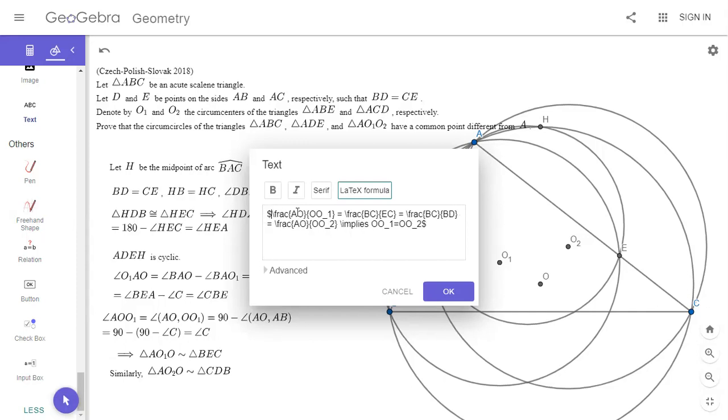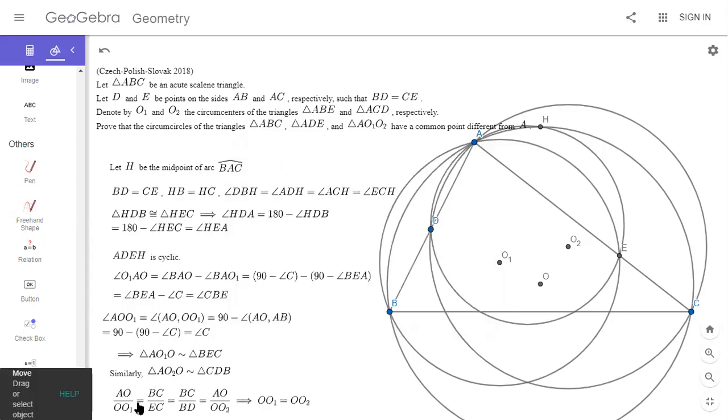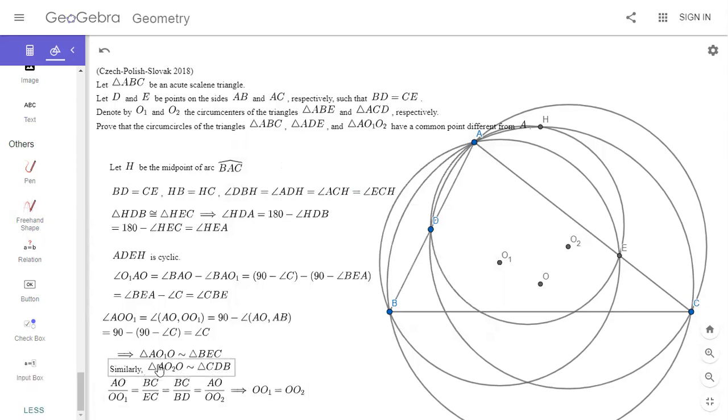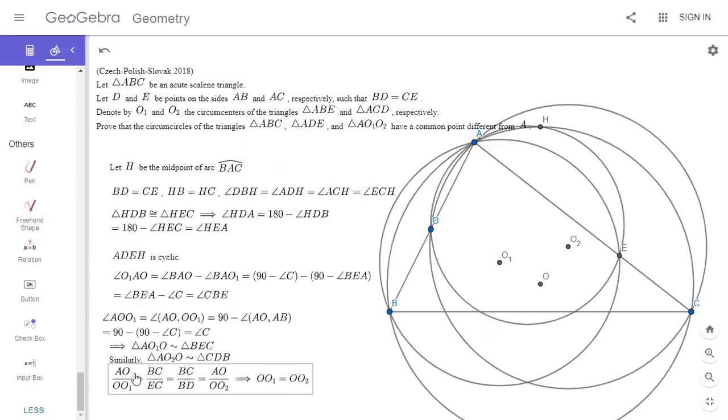And so, all right. Make some room here. And we also have OA is equal to OH.